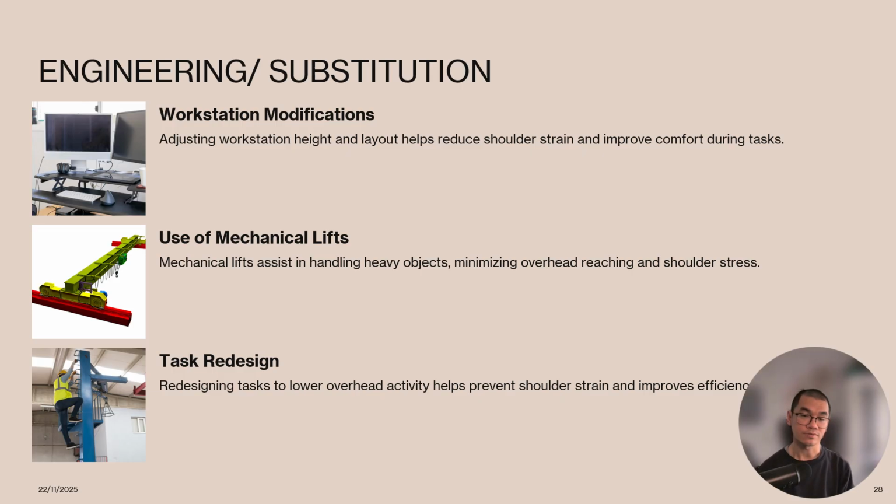Using mechanical lifting is very sensible for most physical manual labor to minimize the effect on the shoulder, and not just the shoulder but the lower back as well. Task redesign is important, as it will allow us to reduce the load, allow rest, and address other aspects of work safety.